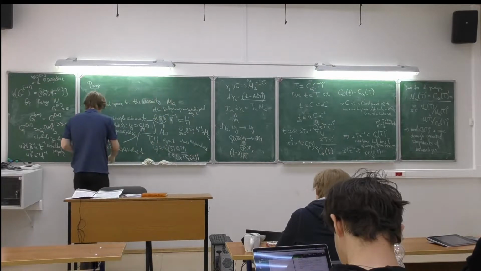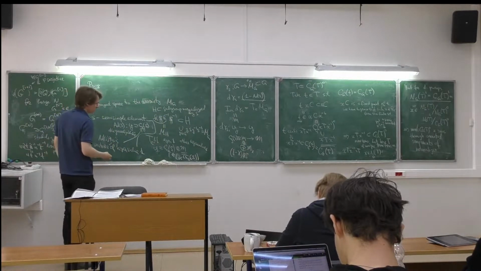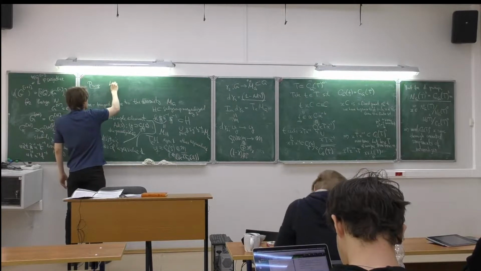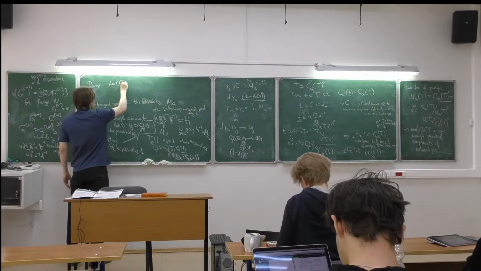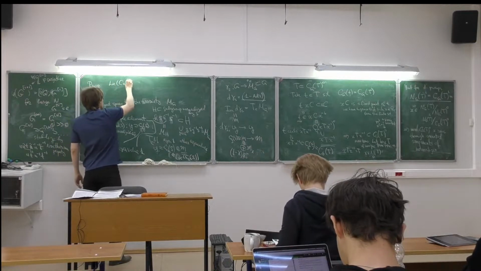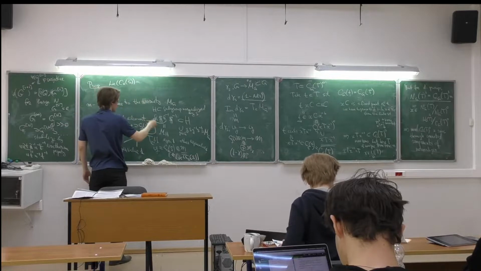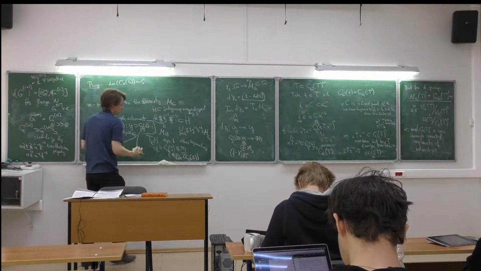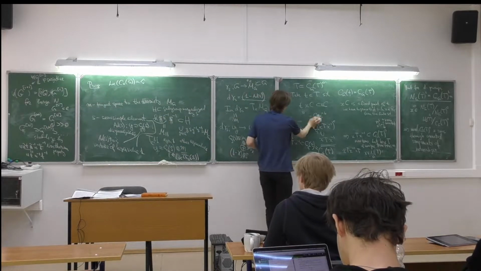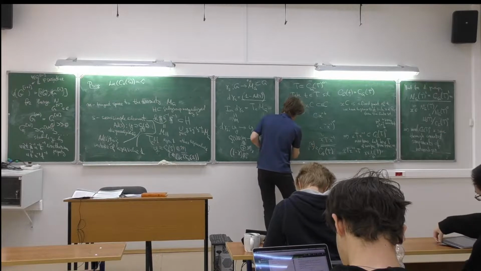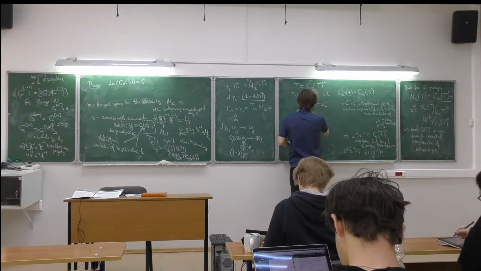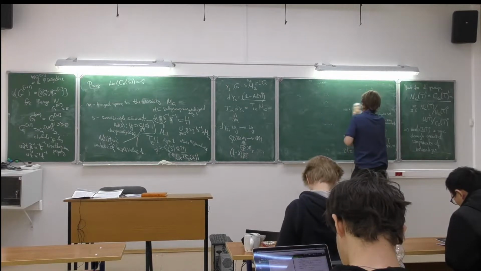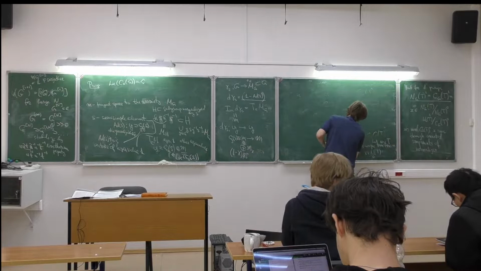And I claim that for any H, the Lie algebra of the centralizer of S coincides with the corresponding set. If S also normalizes the subgroup H, it also normalizes its tangent space.